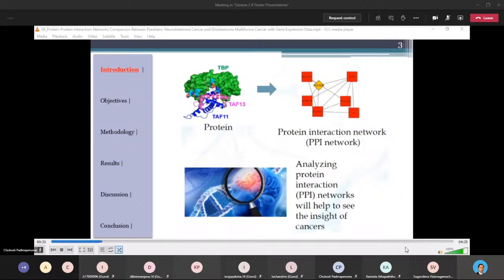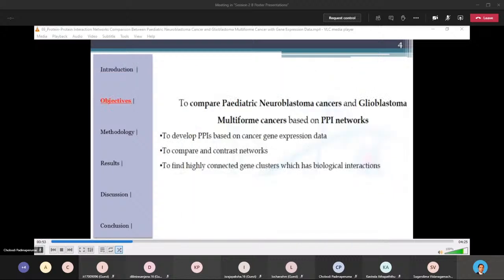Proteins work together. Protein-protein interaction networks explain how these proteins interact with each other in order to perform a cell task. So, analyzing protein interaction networks will help to see inside of cancer and how the cancer grows in the body. The objective of our presentation is to compare two main cancer types by using protein interaction networks.